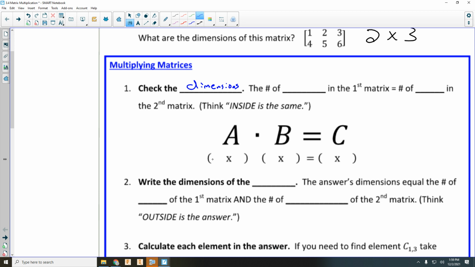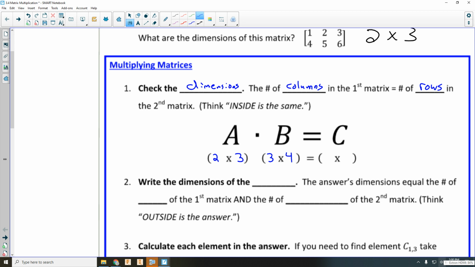Let's say I had a 2 by 3 matrix and a 3 by 4 matrix. The number of columns in the first matrix has to equal the number of rows in the second matrix.